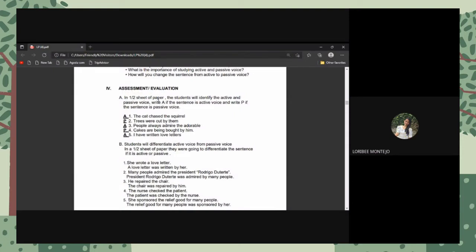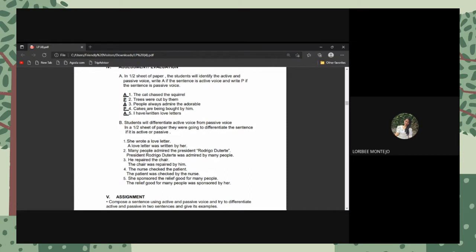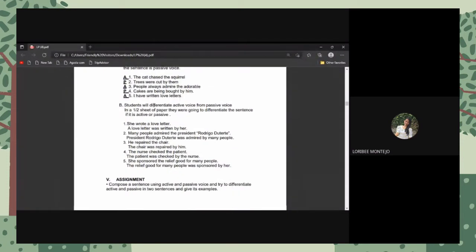On one half sheet of paper, the students will identify the active and passive voice. Write A if the sentence is active voice, and write P if the sentence is passive voice. So here's the question, and also I provided the answer to each question.